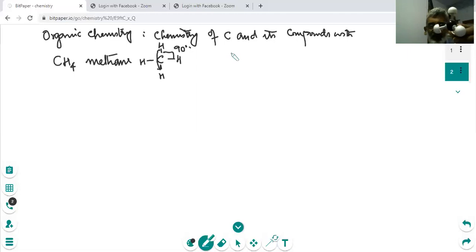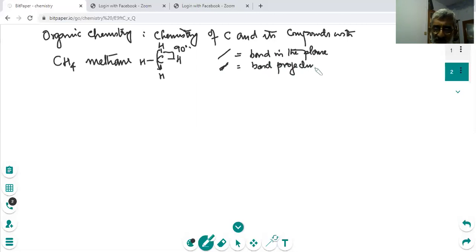Now, there are 3 ways you can put a bond. One, a single line, which represents a bond in the plane. The second, a structure like this, a bond projecting towards the observer.